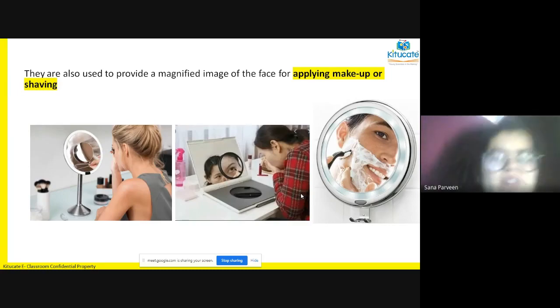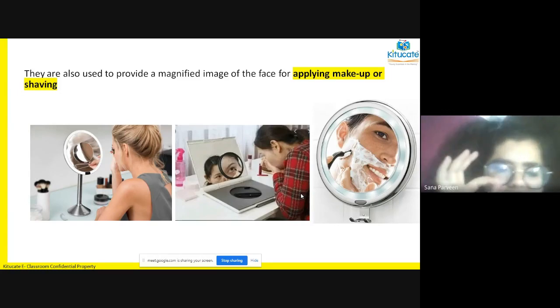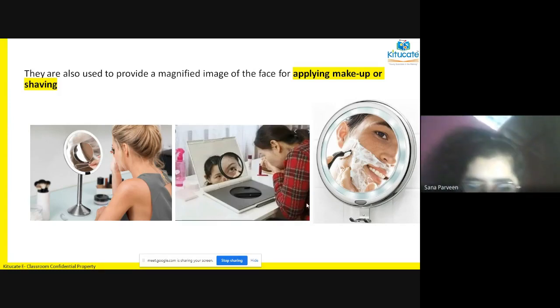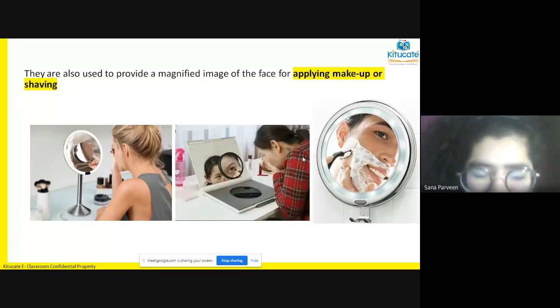Second one, when you are applying makeup. When we are applying makeup, you need to be very precise on which part of your face you are applying the makeup, for which you need an enlarged view of your face. As you can see in the diagram, she's applying kajal, and she wants to see exactly where the kajal is to be put, else it will spread and smudge.